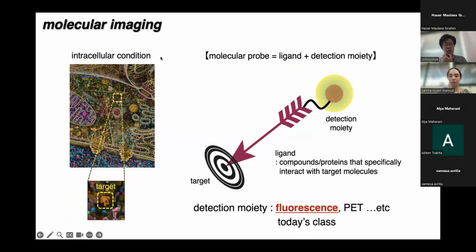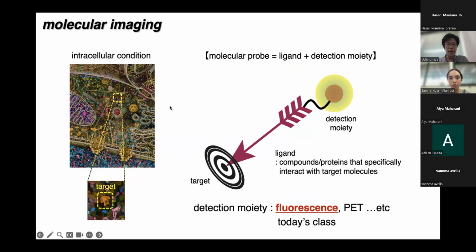For achieving this goal, researchers have developed the molecular imaging technique with a molecular probe. A molecular probe consists of a ligand and a detection moiety. Here is the ligand and here is the detection moiety.